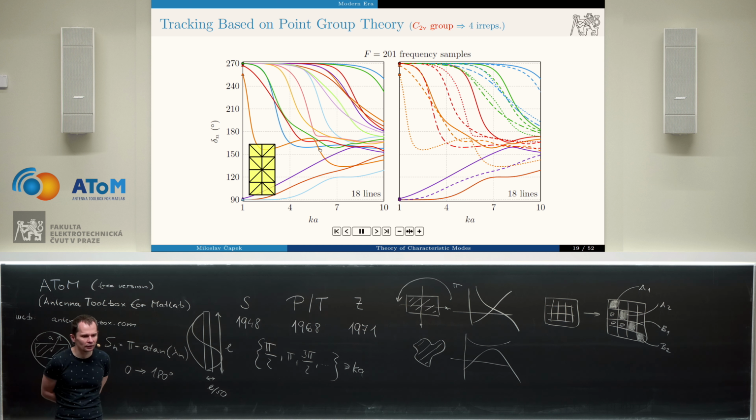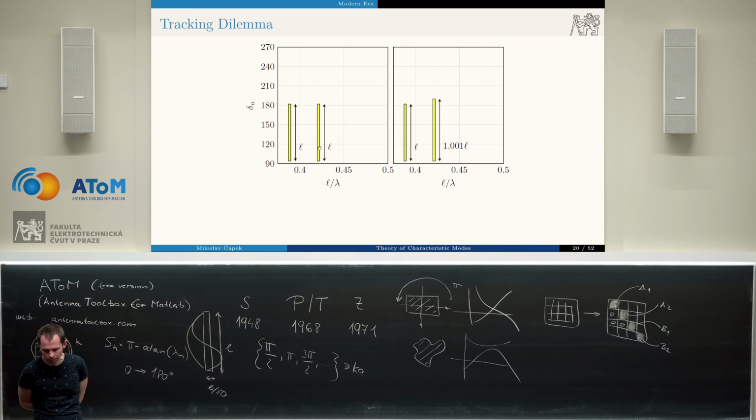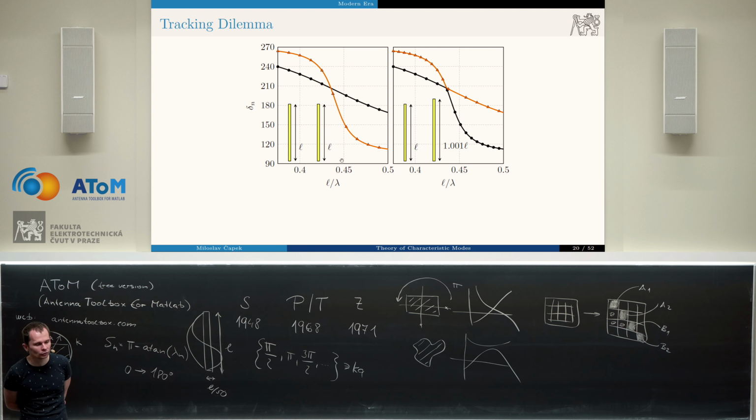Unfortunately, everything which has been said now introduces one dilemma, one problem. Consider for simplicity two dipoles which have almost the same length, and this is on the right, and then two dipoles which have mathematically the same length L. And then, if you evaluate the eigentraces for the two dominant modes, for the in-phase and out-of-phase modes, you realize that for the left case, there is a very nice crossing.